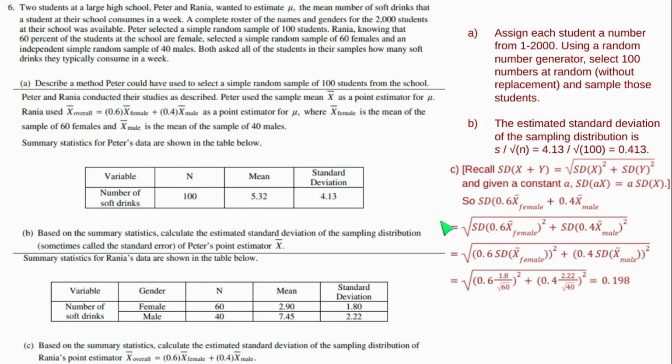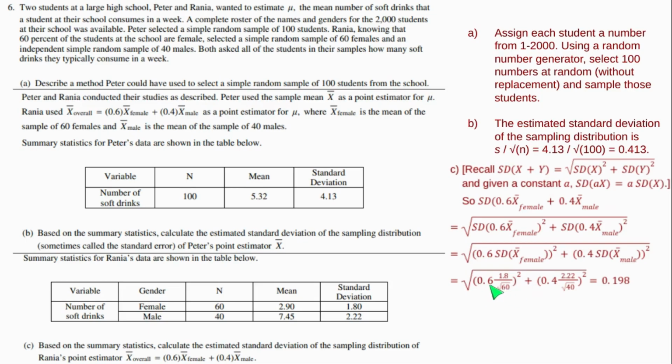All right, so the standard deviation of 0.6 x bar female plus 0.4 x bar male is equal to, substituting into this formula, the standard deviation of 0.6 times x bar female is 0.6 times the standard deviation of x bar female, but we still have to square it, so we square the 0.6 and the standard deviation. The same exact process applies for the men: we take out that 0.4 times the standard deviation of x bar male, and still square the whole thing.